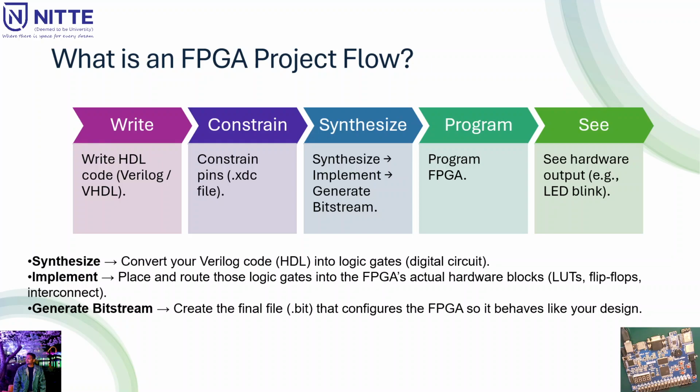The program flow for implementing an FPGA project is, first, we need to write HDL code using Verilog or VHDL, and we need to build the constraints. The constraints are needed because the FPGA board is open-ended, like we can modify the pins at the hardware level. So we need to constrain based on the core FPGA we are using.